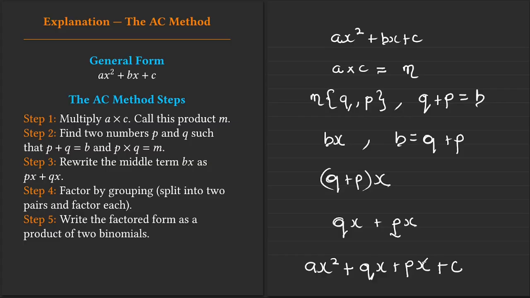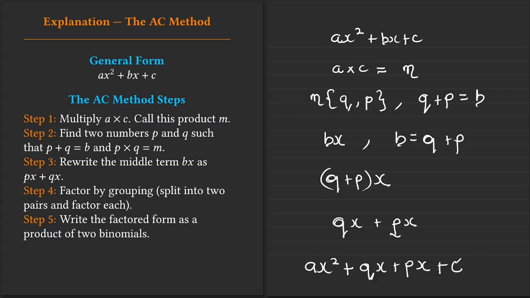So the AC method is simply trying to rewrite these terms, all we have over here, to give you an even number of terms. We had 1, 2, 3. There were 3 terms, but we need them as 4 terms so that we can then use the method of grouping to simply factorize.